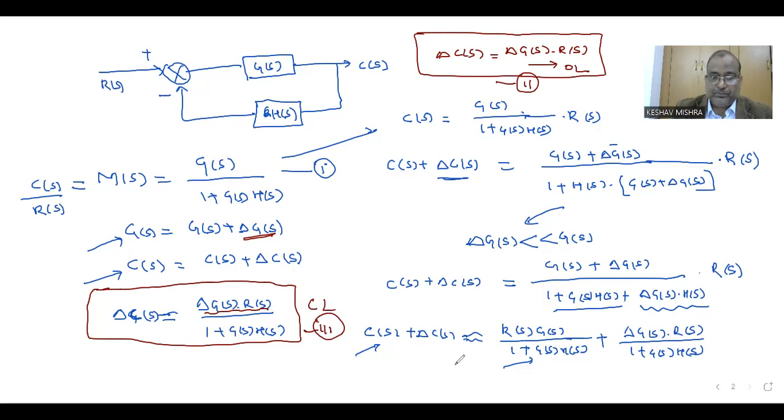Now we can define the term sensitivity in these two cases. In the case of open loop and closed loop control systems, parameter variation takes place in this G(s). This is the parameter.